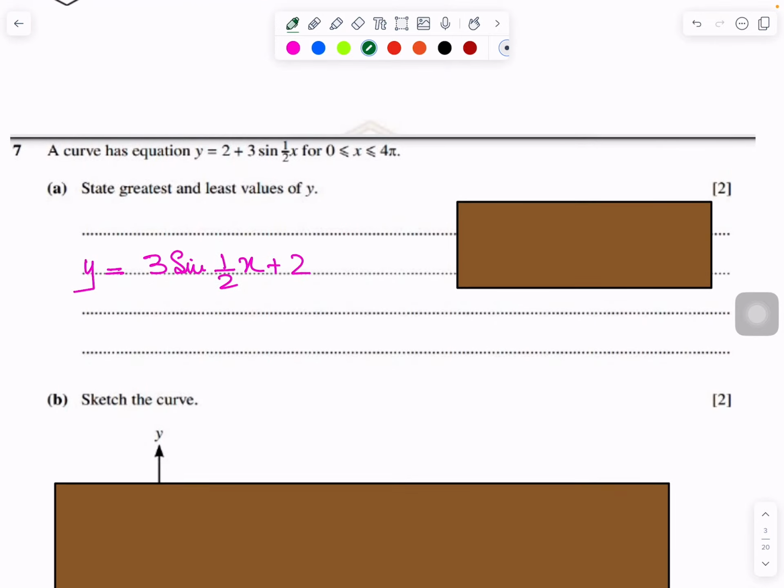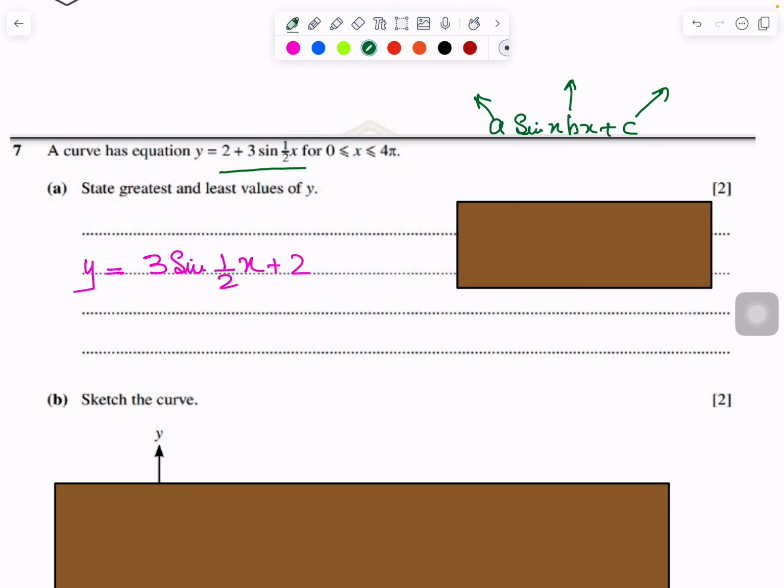So this question is 3 sine half x plus 2. I'm just rearranging because the general form we mostly explain is a sine bx plus c, where this c is your axis of the curve, a is your amplitude, and this number helps you to identify the degree of cycle, right? How many cycles will be completed in 360 degrees.